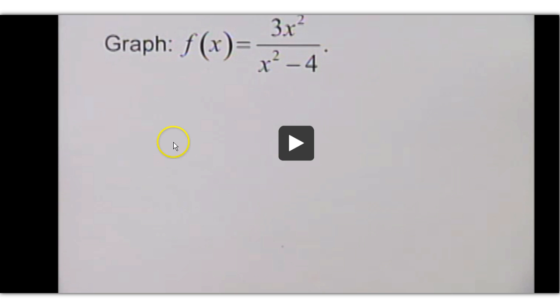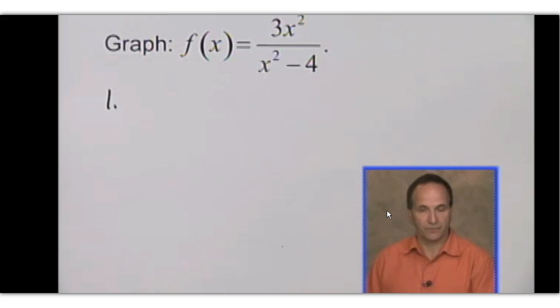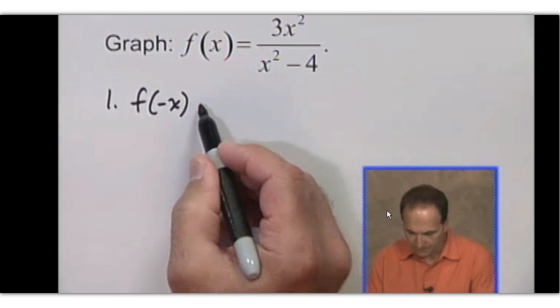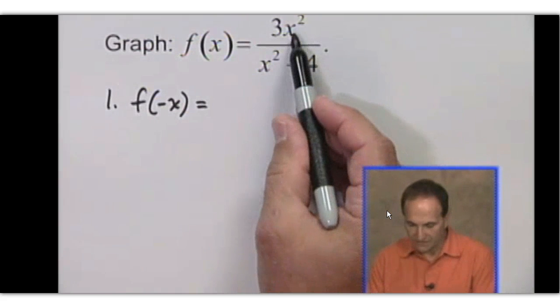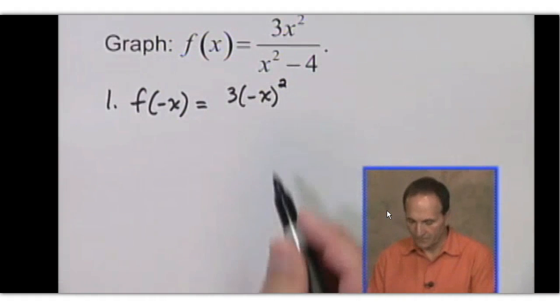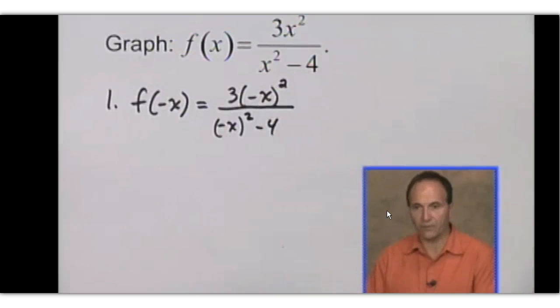Now the textbook gives a very good video as well, and I'm showing part of it here. Let's take a look at it here. Graph f of x equals 3x squared divided by x squared minus 4. So step 1 is to determine symmetry. If I take f of the opposite of x, and substitute the opposite of x here and here, I would have 3 times the opposite of x squared divided by the opposite of x squared minus 4.